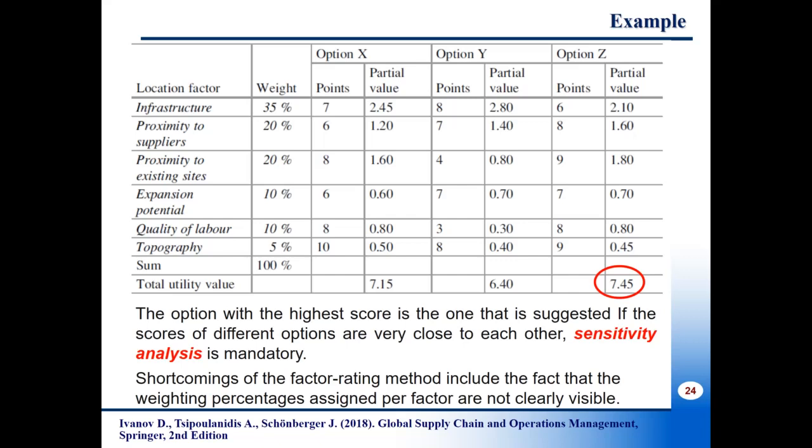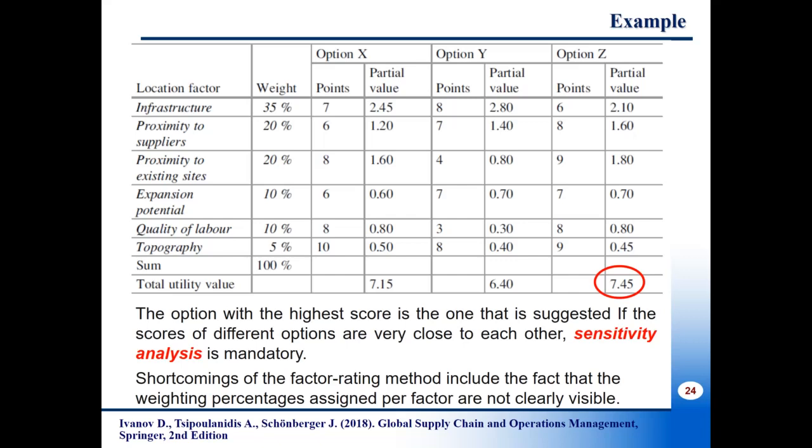For instance, for infrastructure, X has 7, from a range of score from 0 to 10. Y got 8 and Z got 6, meaning that Y in terms of infrastructure is the most favorable.